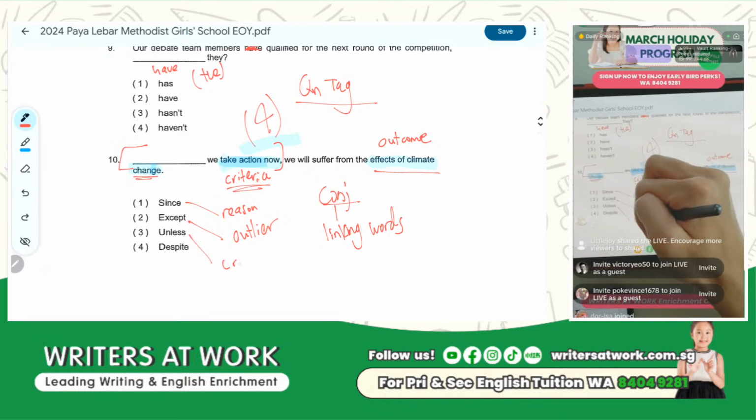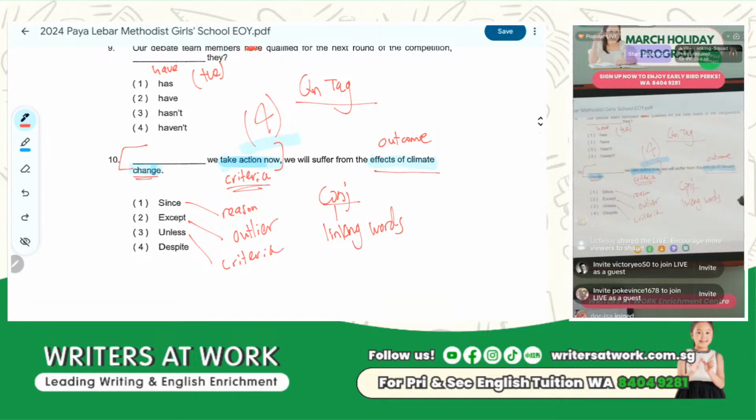Unless is used to show criteria. And despite is used to show contrast. Despite the heavy rain, the running competition still took place. Okay, so for this question here, in order to demonstrate a certain criteria needs to be met, our answer will be number 3.